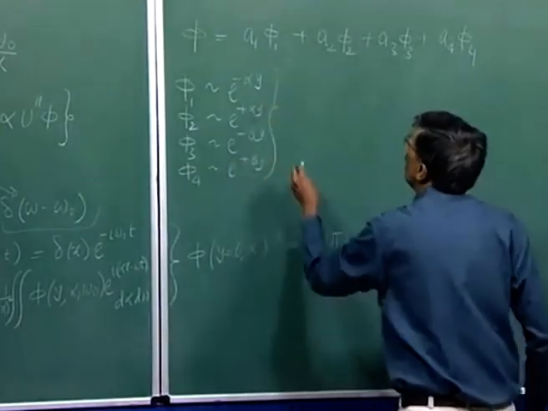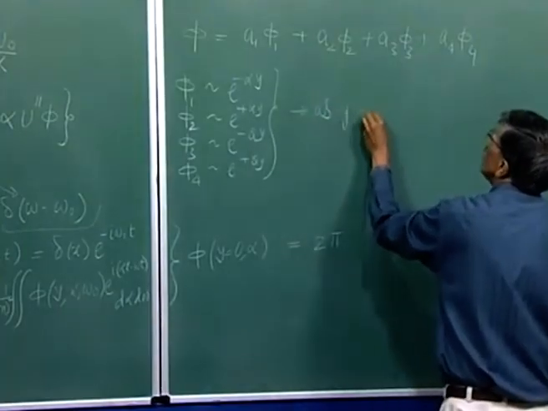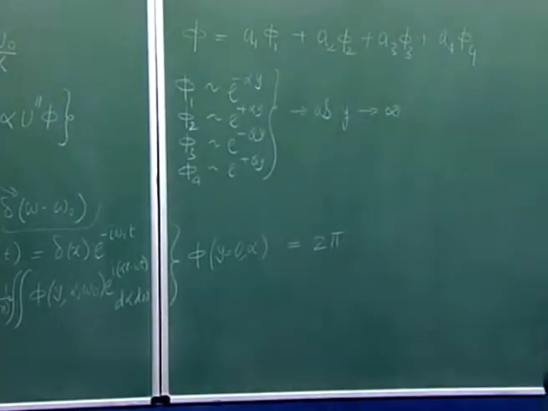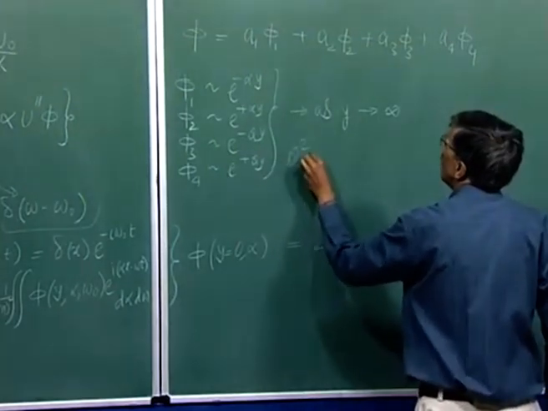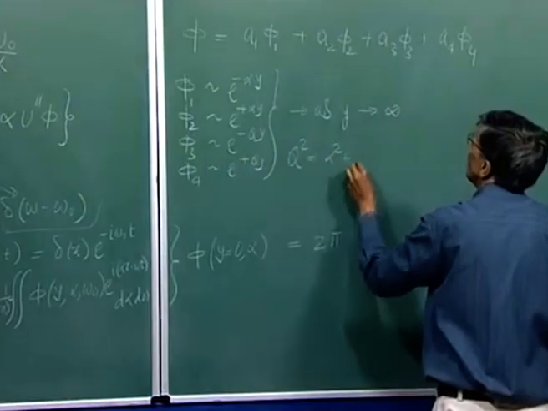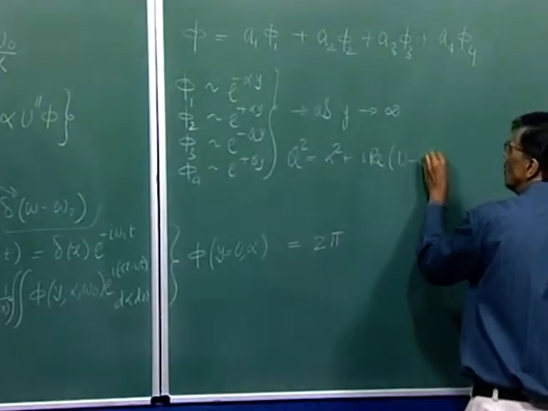This is what we get as we go out of the shear layer, and you recall that q square was alpha square plus i Re (u minus c).